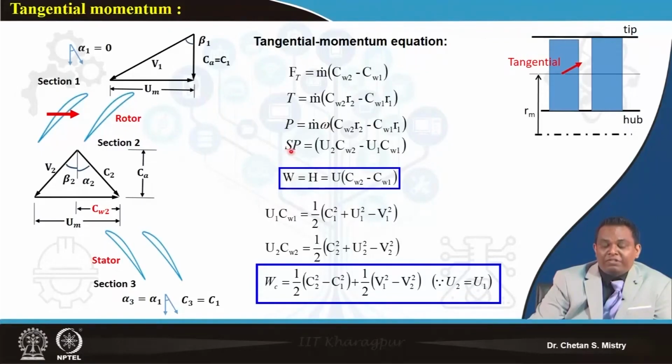So you can say my specific power, which we have already discussed, is U2 Cw2 minus U1 Cw1. And if I correlate using my cosine relation, we have derived the work done equation to be 1/2 (C2 square minus C1 square) plus 1/2 (V1 square minus V2 square). This is what we have discussed.